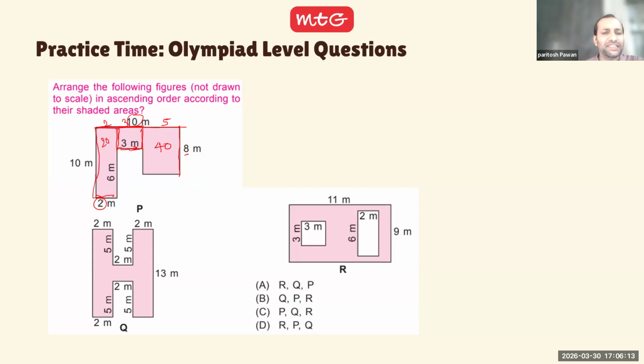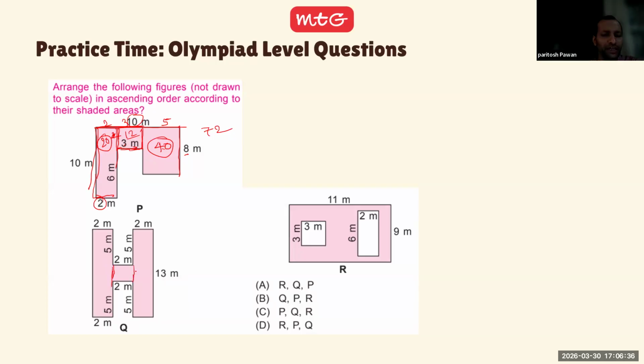Now what is left here? 3, and this is 6, and total it is 10. So this will be 10 minus 6, so it is 4. So this is 4 into 3, 12. So my total area here is 20 plus 40, 60, 60 plus 12, 72. So this area is 72. Similarly, to calculate this area, this is 13 into 2, so 26.